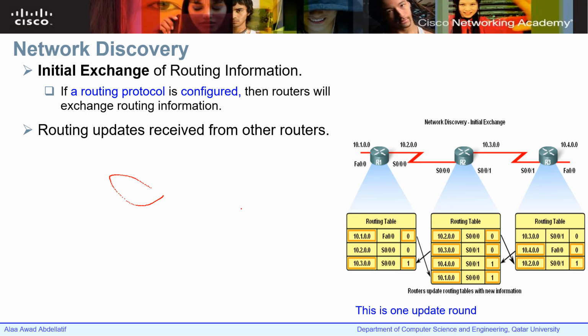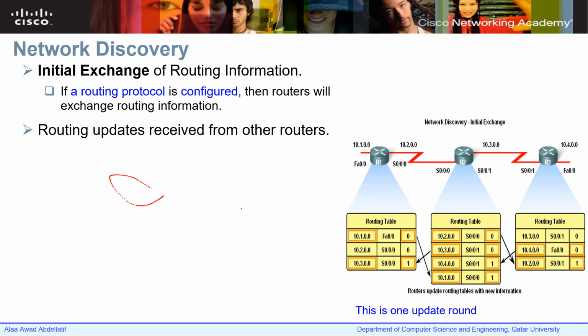So R1 now will discover that there is a new IP 10.3 connected to router 2. So this is new information, and what I know is that it is connected to me. After exchanging information with R2, R2 sent to me its routing table. But its routing table contains 10.2, which I already know, so I do not add it.